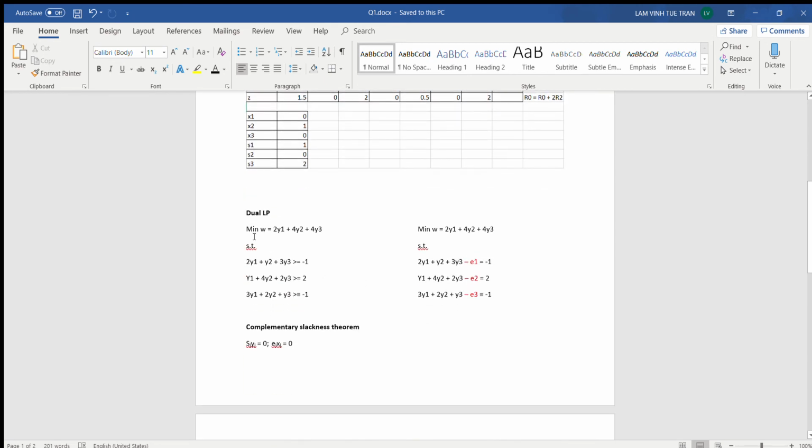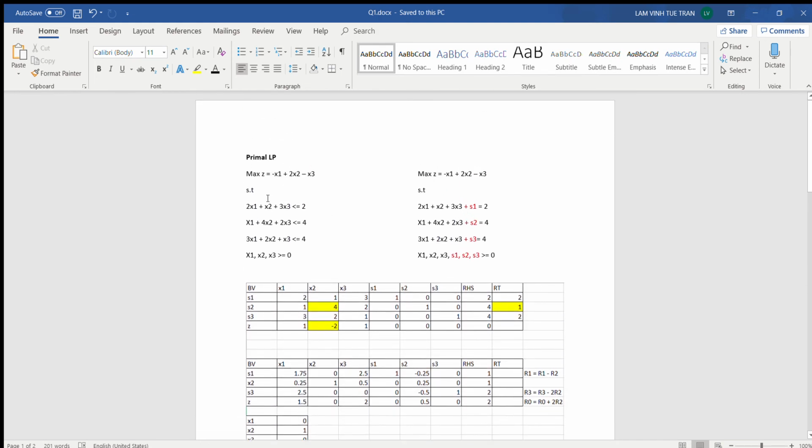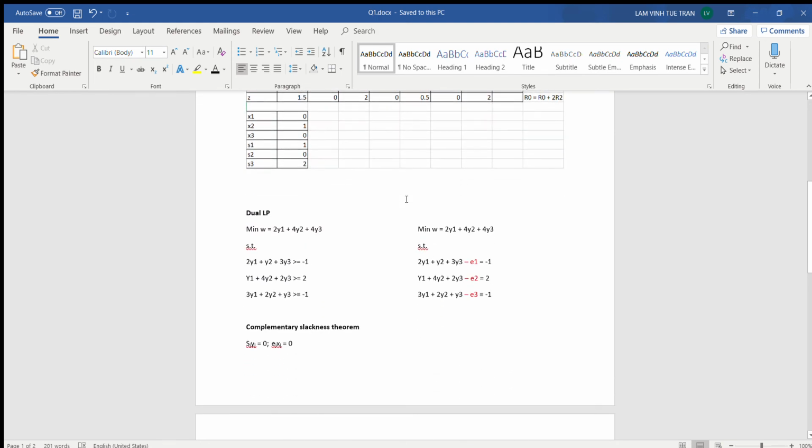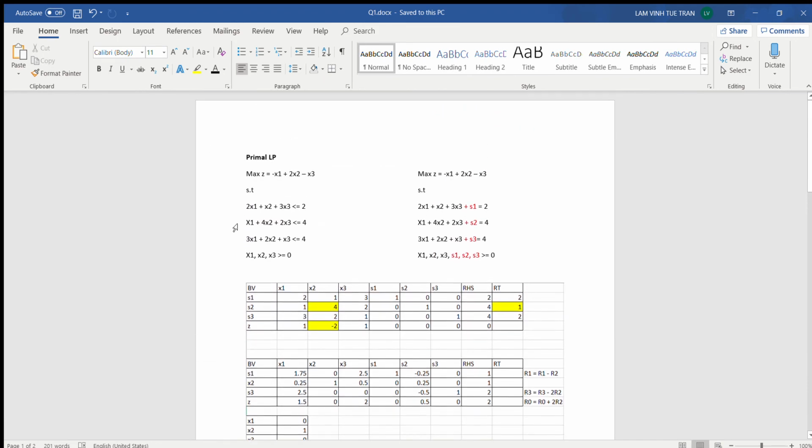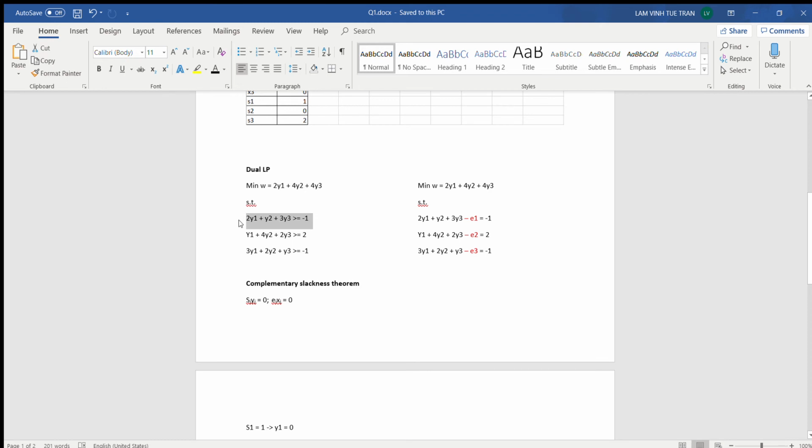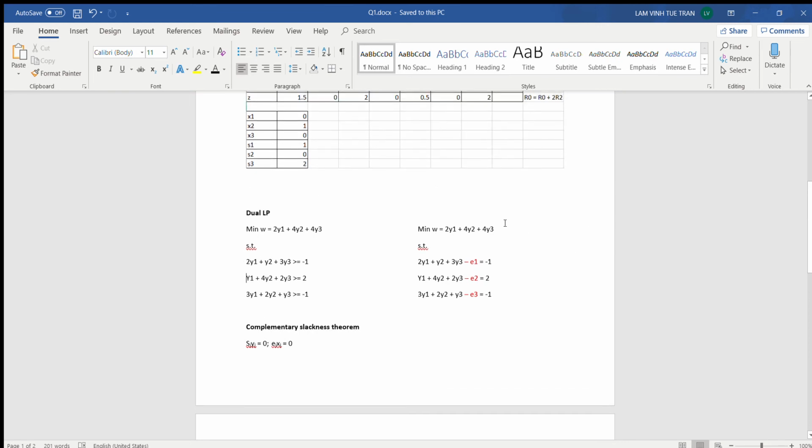So the objective function of the dual linear program is 2y1 plus 4y2 plus 4y3. And here the coefficients of x1 are 2, 1, 3. So we have the first constraint, 2y1 plus y2 plus y3 greater than or equal to -1. We do the same thing for the two other constraints.